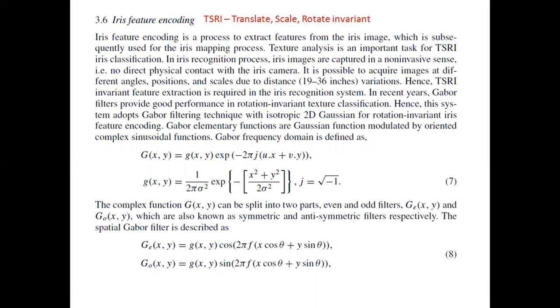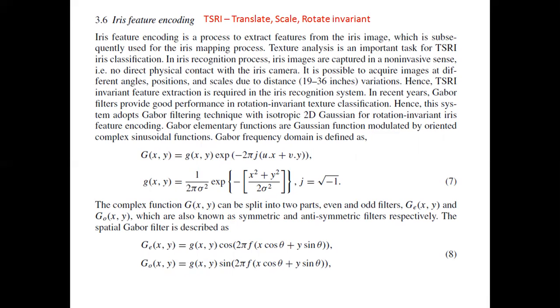The next topic is related to iris feature encoding. In this paper, they have used a 2D Gaussian filter, which is useful for translation, scale, rotation invariance.